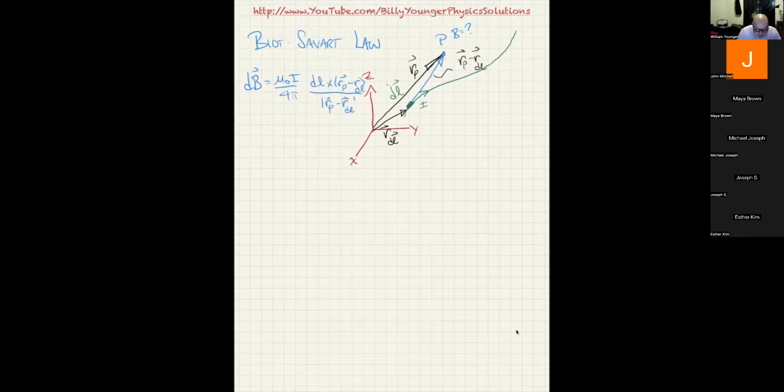Now it would normally be squared, but because I multiply the top by that vector, I have to multiply it by R in the bottom as well. So I'm going to make it R cubed, and that's the law of Biot-Savart.